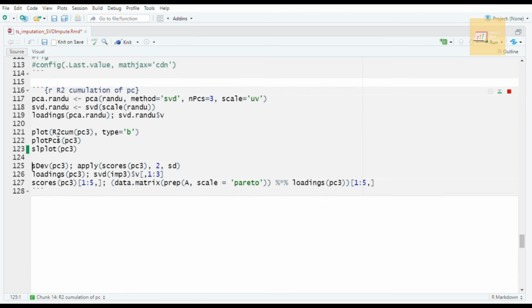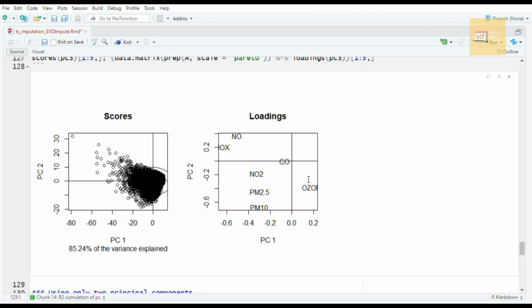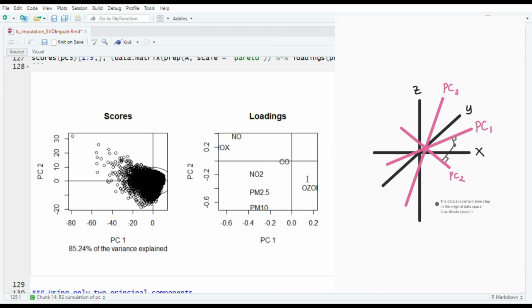Next, we can run the SL plot, which is the scores and loadings plot. Okay, so we have the scores plot and the loadings plot side by side, but this is only for the first 2 principal components. So continuing my other view of loadings as the new coordinate system: if we project our original data in the Cartesian, the original coordinate system, whose center is all 0, to our new coordinate system, we will get the scores.